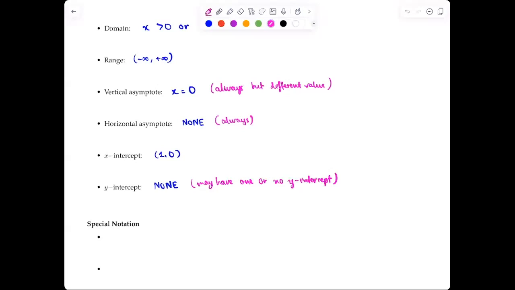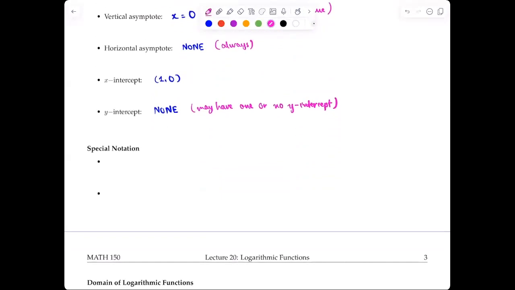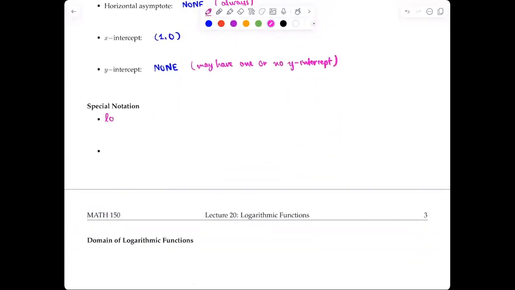If you open the calculator app on your phone, you can see that. So the special notation is log base e of x. This can be written as ln of x. This is called the natural log, or natural logarithmic function.